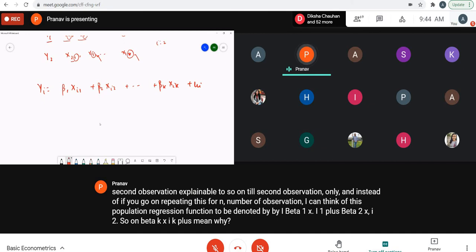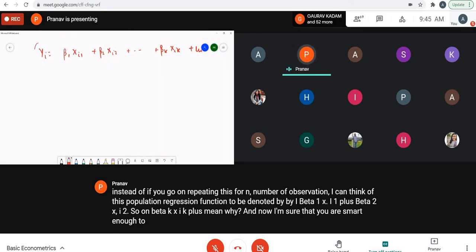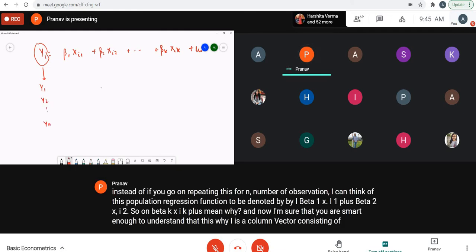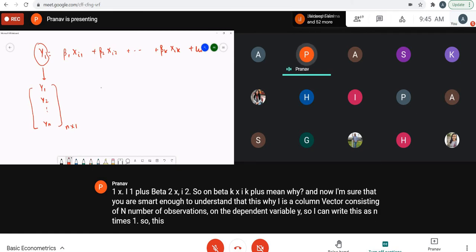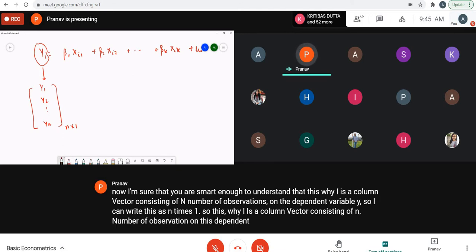And now I'm sure that you are smart enough to understand that this yi is a column vector consisting of n number of observations on the dependent variable y, so I can write this as n times 1.